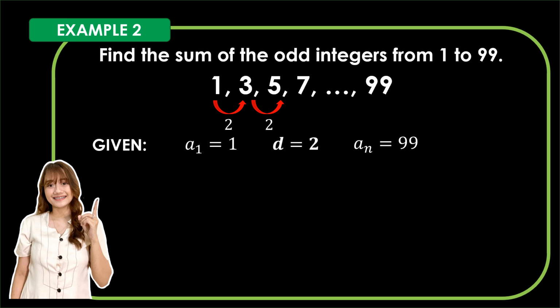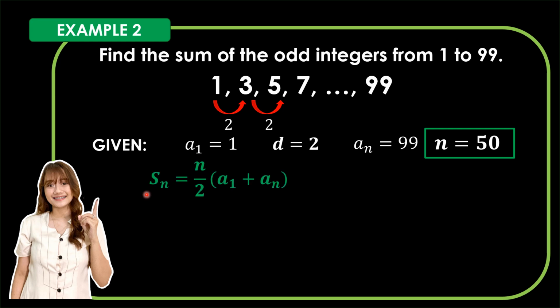Since we already know that the value of n is equal to 50, we are now ready to substitute the first term, the last term, and the value of n into our formula. We have S of n is equal to n over 2 times the quantity a sub 1 plus a sub n.